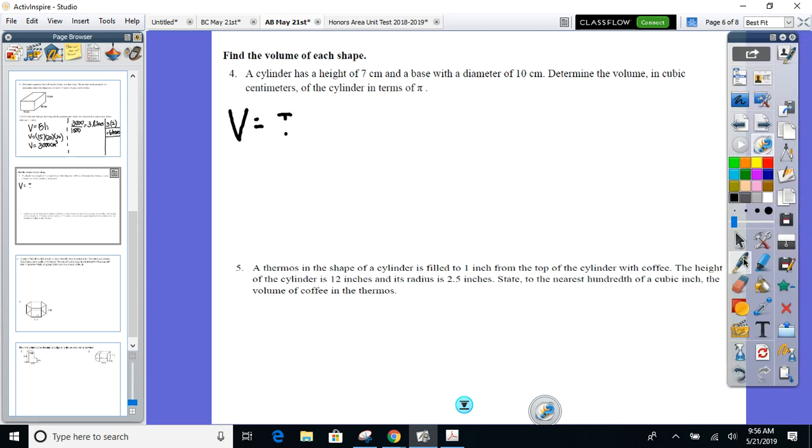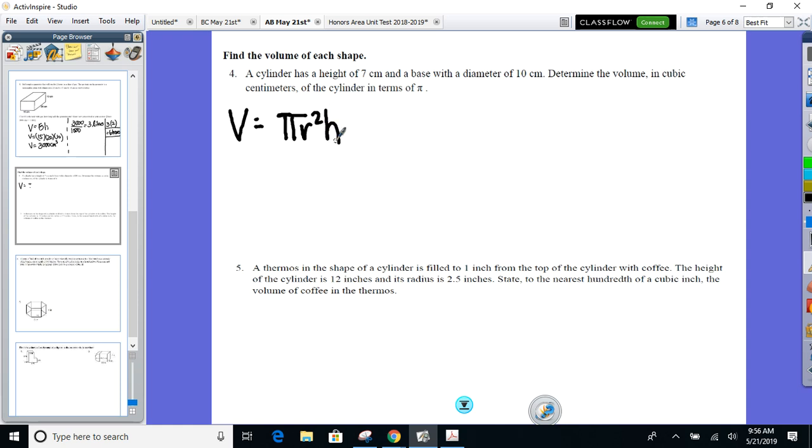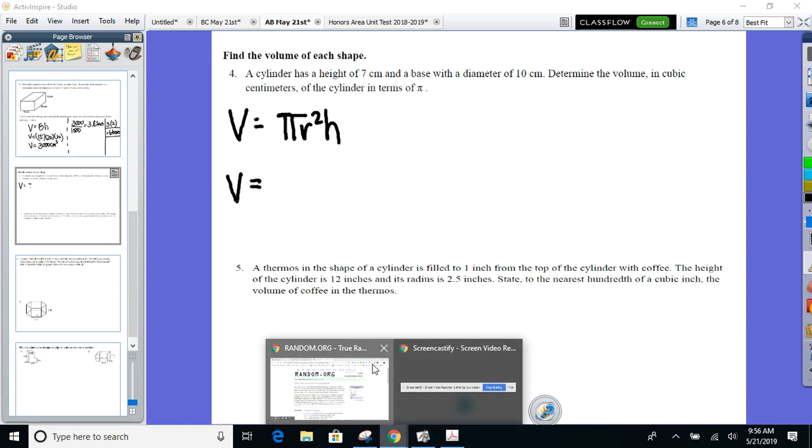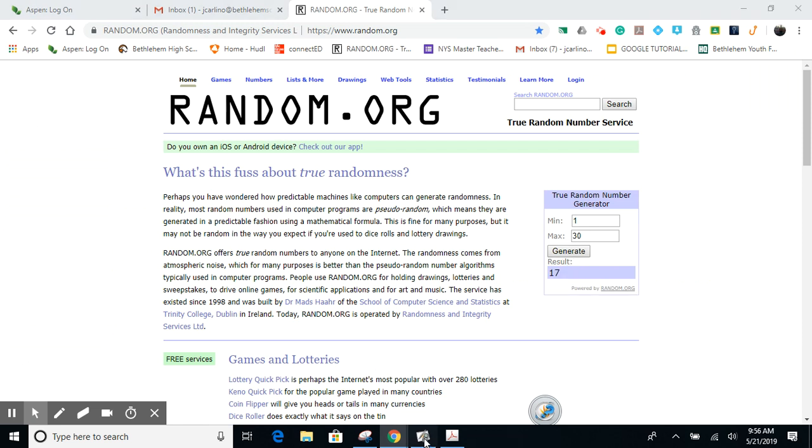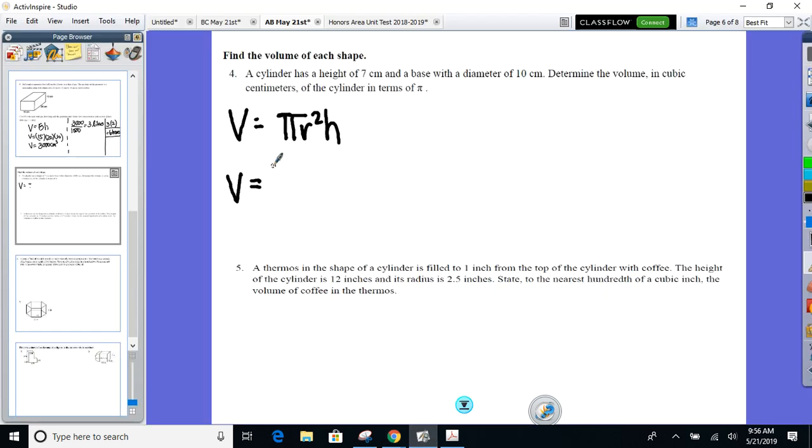You're better than that, Hendrik. Pi r squared times the height. There we go. A little plug and chug time. Pi, radius here: 5, half of 10. And what about the height? 7, there you go.